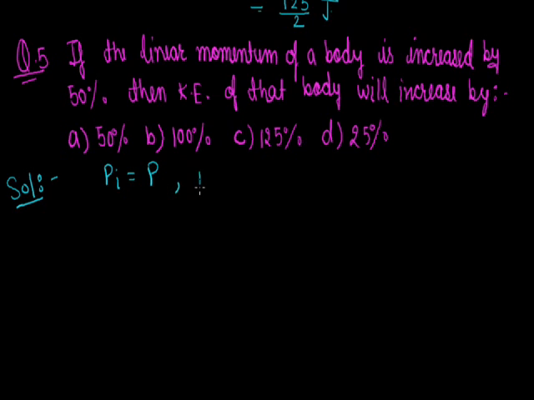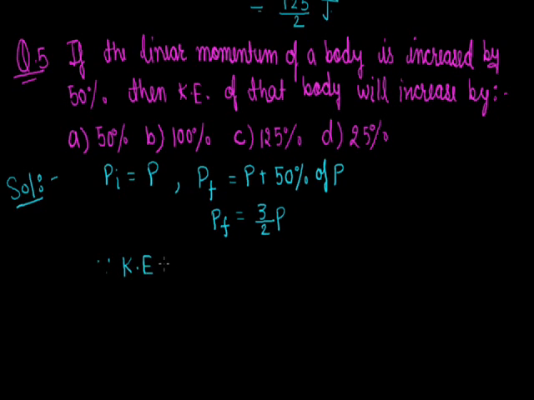So the final momentum becomes P plus 50% of P, so it becomes 3 by 2 P. Now, as we know, kinetic energy is given by P square by 2m. Since m is constant, the body is the same, we can write here kinetic energy is proportional to P square.